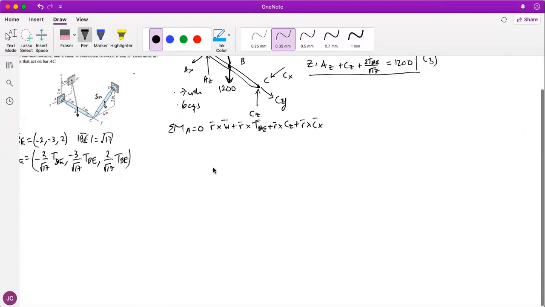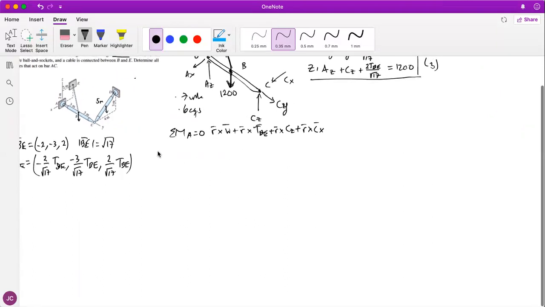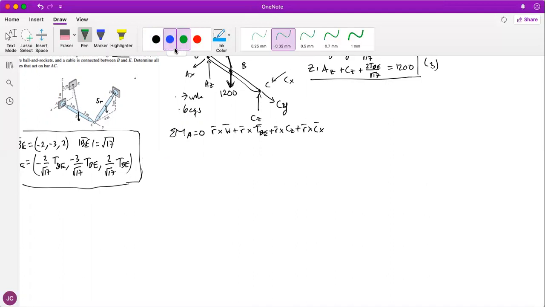Let me take this as a side note over here, with another very interesting color.